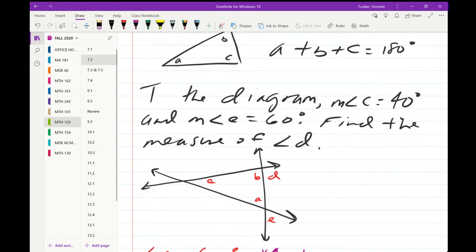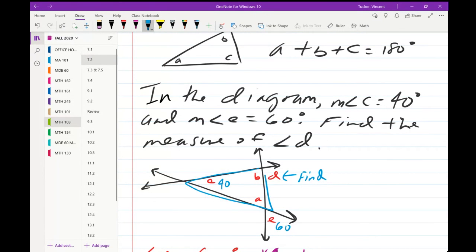And it says in the diagram, angle C is 40 degrees. Angle E is 60 degrees. And they want us to find angle D, which is on the outside of our triangle.